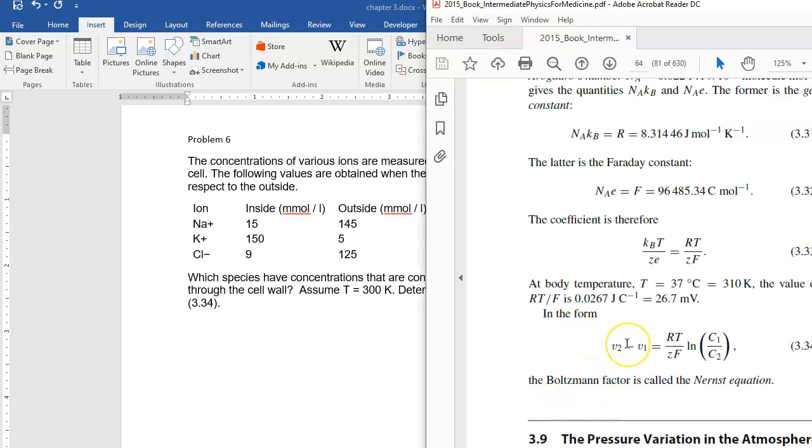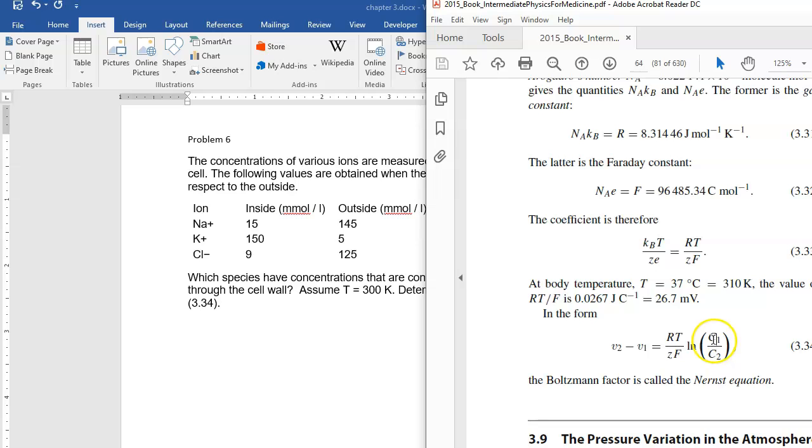So minus 70 millivolts equals 27 millivolts over the charge. So if the charge is plus, right? The charge is plus. This is negative over here. So let's take sodium, potassium. So this part is positive for sodium and potassium, but this side is negative. So what's the concentration telling us?